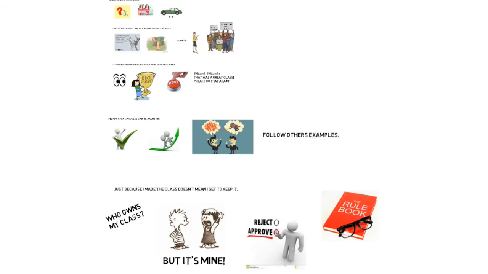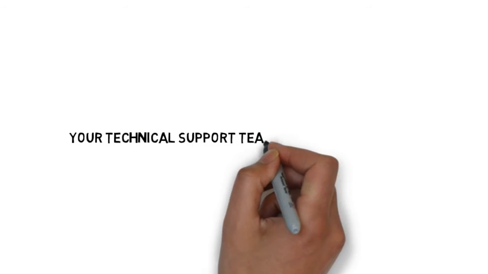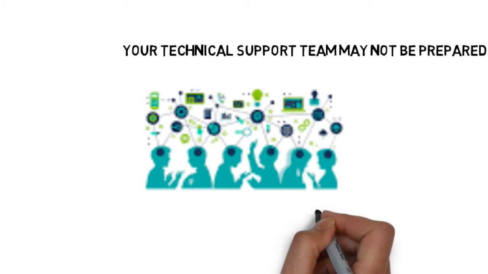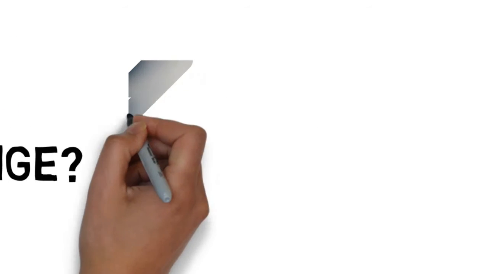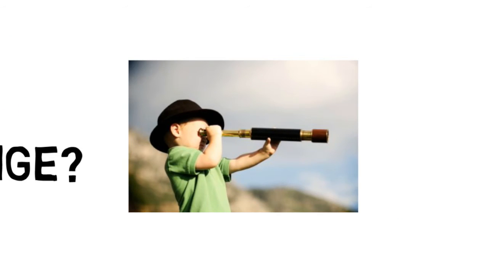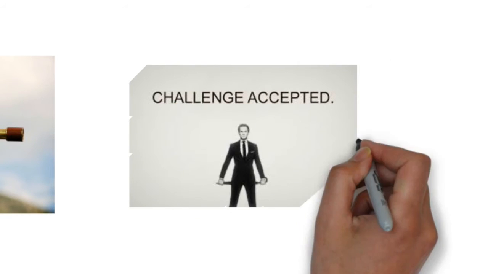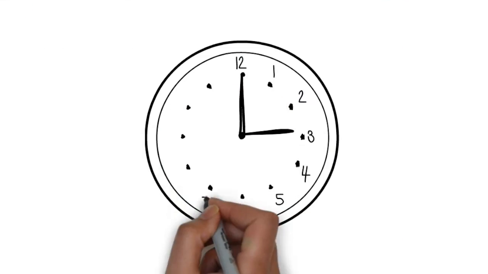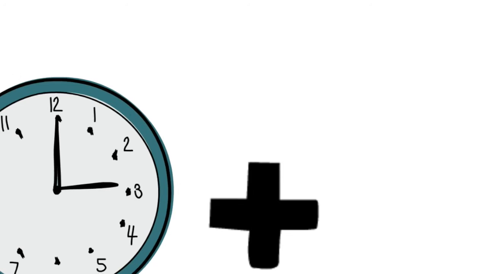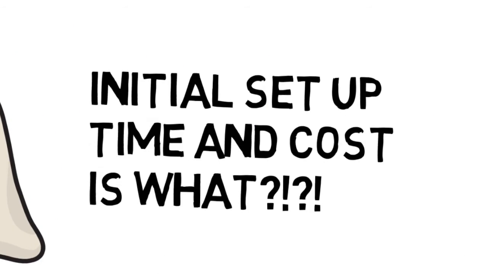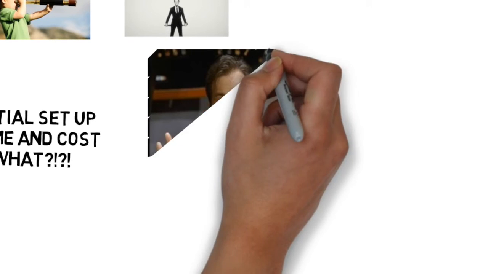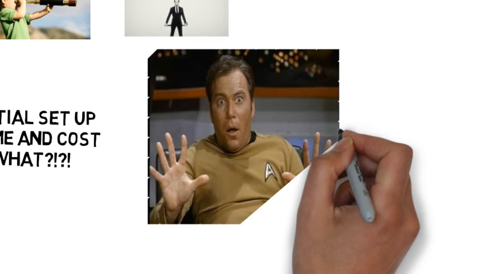The technical support team may not be prepared. In all honesty, this may be a bit of a learning period for you and the IT department in terms of what challenges may come up. However, trying to foresee some of the challenges beforehand can help. The school's initial outlay of time and money can be fairly high, and therefore projections and educated estimates should be made beforehand so no one is shocked.